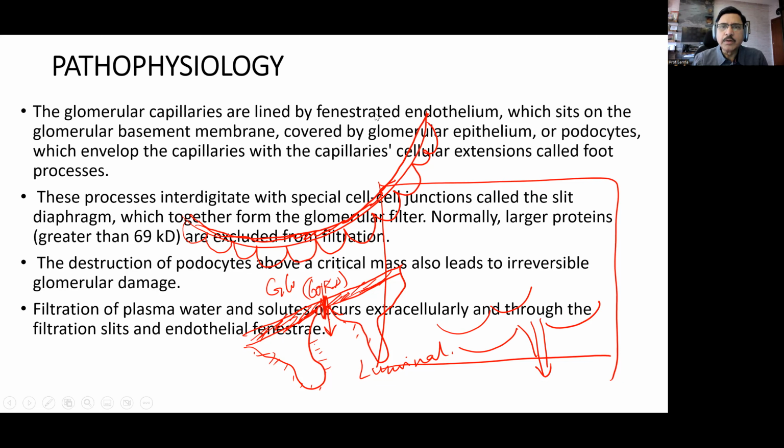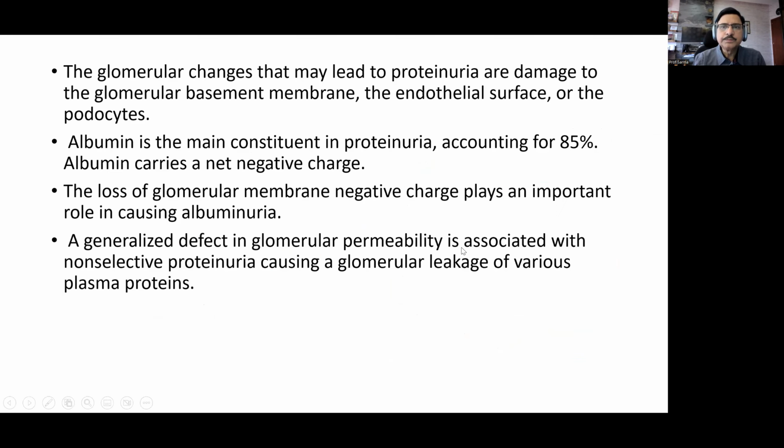It's not there in the article, but you can find a diagram of the basement membrane and podocytes. Instead of imagining something, it is better to physically see a diagram of the glomerular basement membrane and the podocyte structure. So roughly this is what it is.